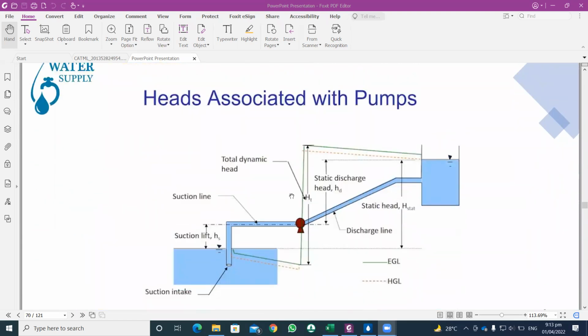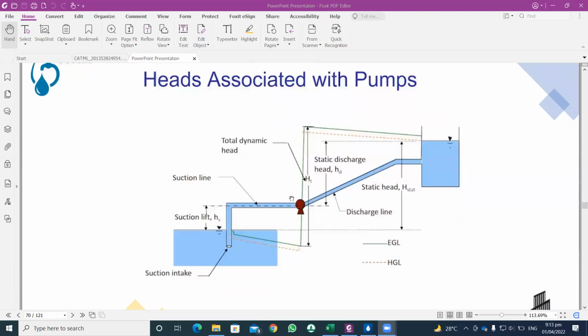So let us discuss some terminologies related to the pump. Basically, a pump is provided in order to take water from the upstream and deliver it to the downstream at a higher elevation.